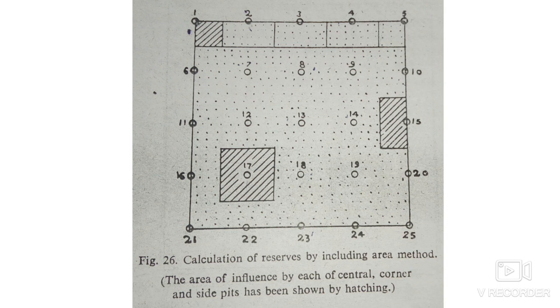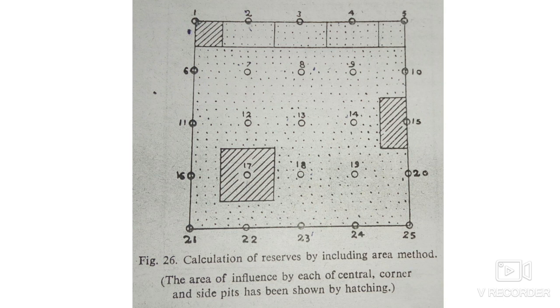It is seen from the diagram that the area of influence of the 9 central pits is 25 into 25 square meters.